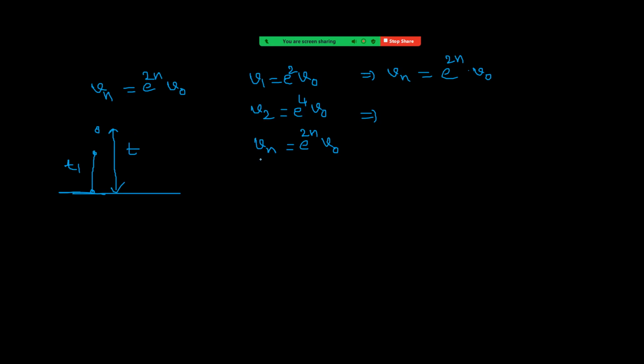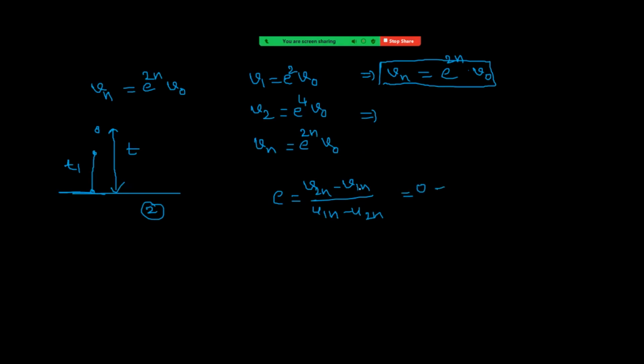Let us take directly what I'm writing here, e equal to V2n minus V1n upon U1n minus U2n. Earth is now the second body, our second body, no velocity, right? Minus, in the place of V1, velocity after collision, that is now gt1. We are taking up as positive.